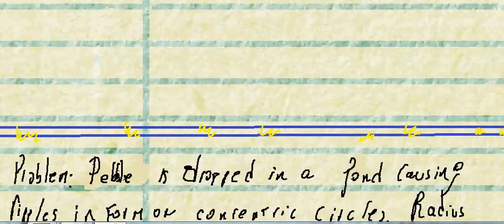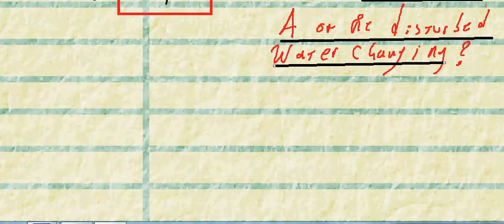So the first thing that we have to observe is that the area of a circle and the variable r, the radius, are related.